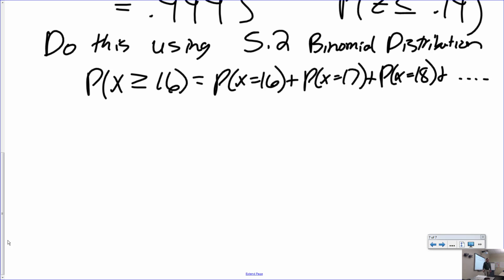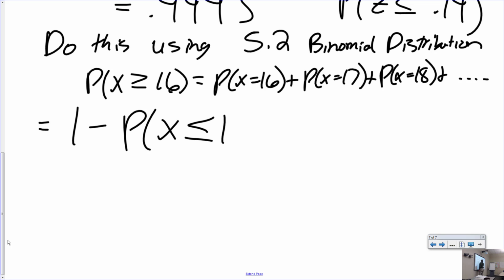How about we do 1 minus the probability that x is less than 15, and then we use Excel to do that? Great idea. That's exactly what I would do. The idea, again, is that this is equal to 1 minus the probability that x is less than or equal to 15.